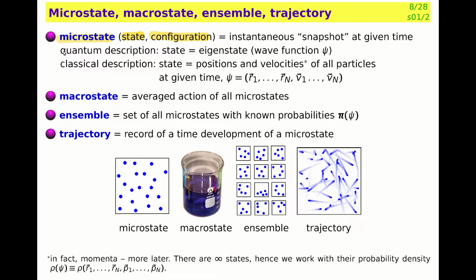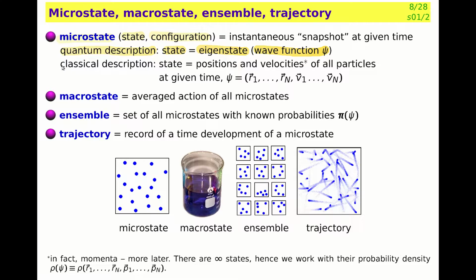We can have a quantum description. Then a state is simply an eigenstate or a wave function of the system. You have heard about it, but don't care. We will not calculate anything using this concept. It is just a name: we have states, and we can have a lot of them, but still we can number them, enumerate them.